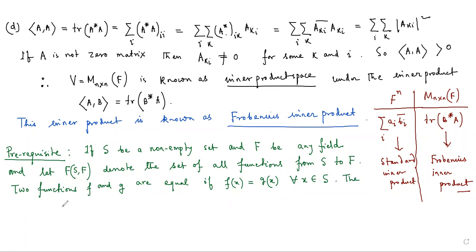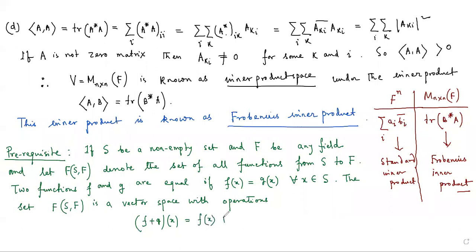The set F(S, F) is a vector space with operations (f plus g)(x) is equal to f(x) plus g(x), which is the vector addition. Here the vectors are the functions, and scalar multiplication is (c f)(x), which is c into f(x).